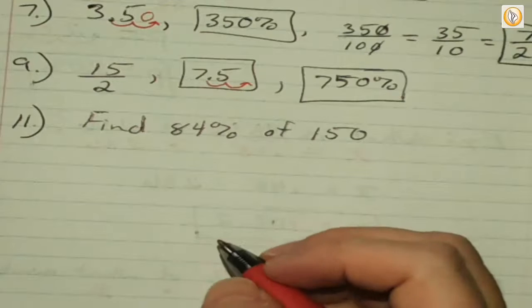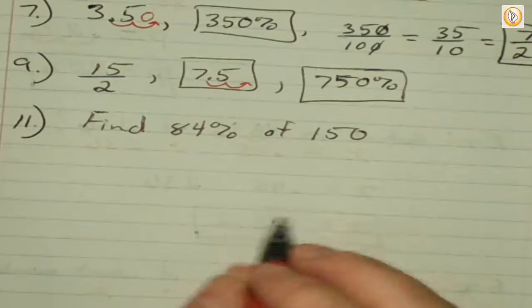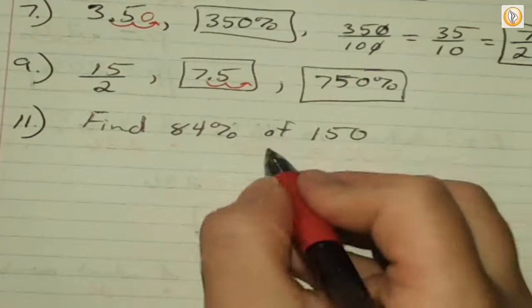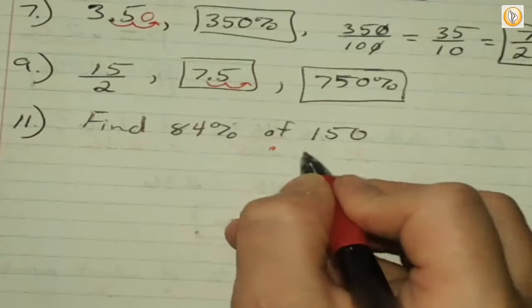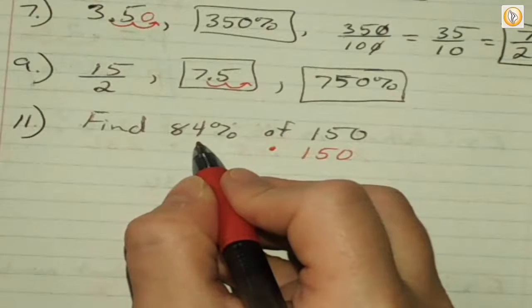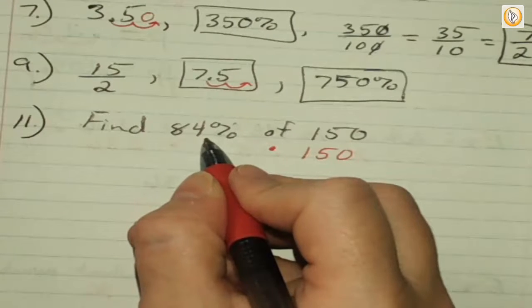Tell me how to do it first. 84% over. What is of? Multiply. Bring down my 150. What do we do to the percent? Get it into a decimal.